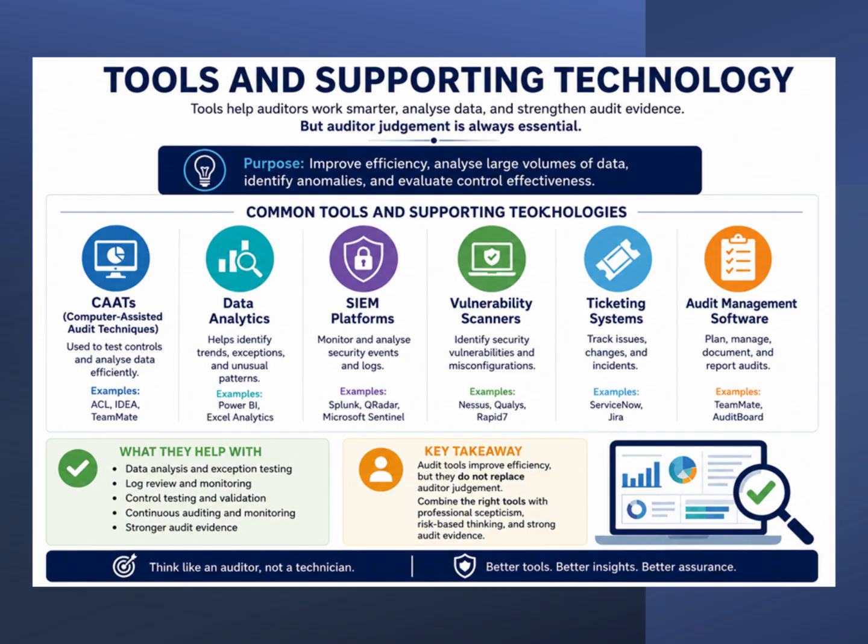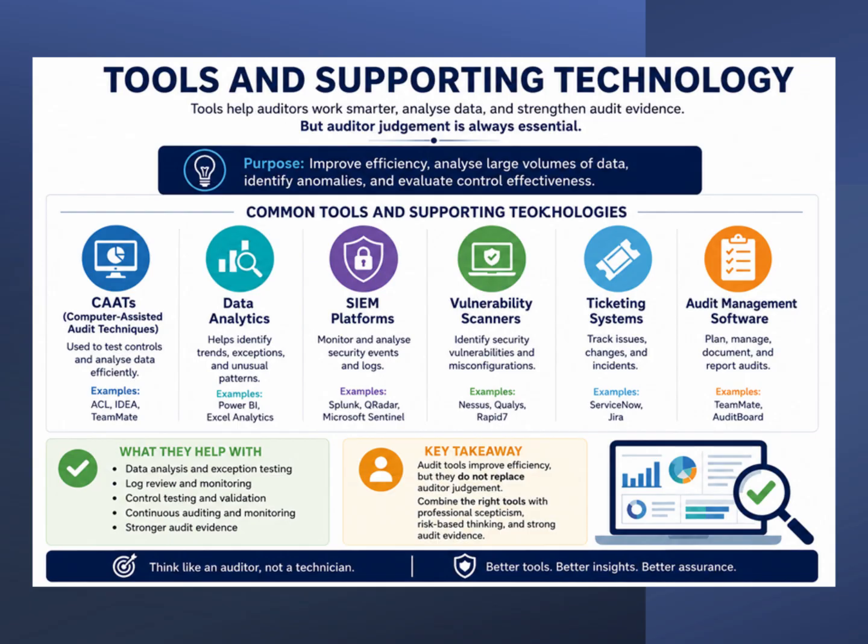SIEM platforms help auditors monitor security logs and identify suspicious events, while vulnerability scanners assist in identifying technical weaknesses and missing patches. Ticketing systems and audit management platforms support governance activities by tracking incidents, approvals, audit findings, and remediation actions.